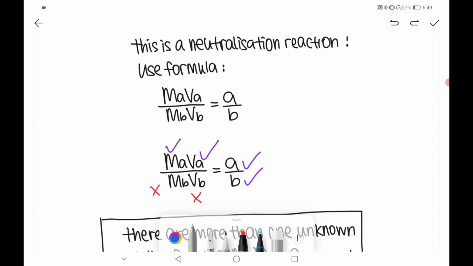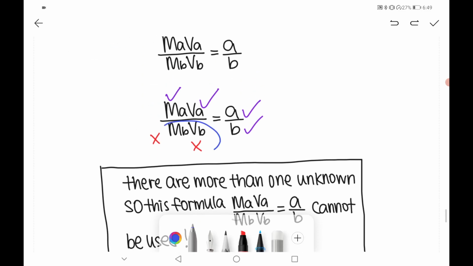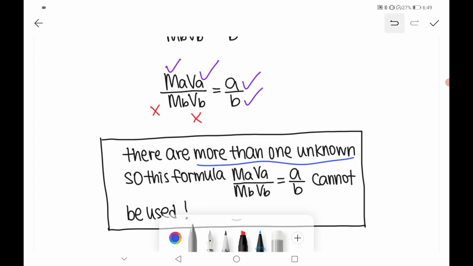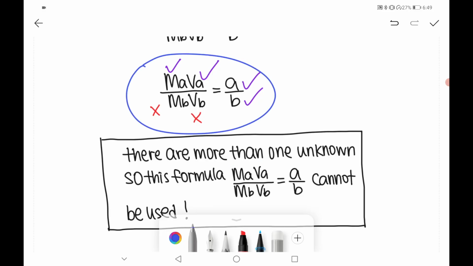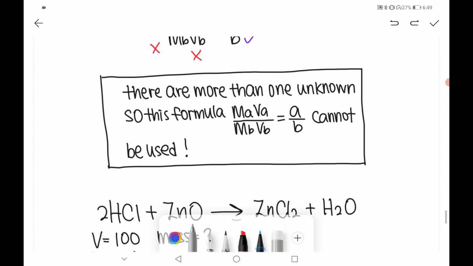You don't know the concentration of alkali, you don't know the volume of alkali. They didn't give you volume or concentration of alkali. So since you have so many unknown, when you have more than one unknown, this formula cannot be used.